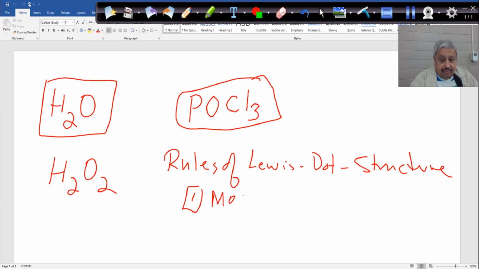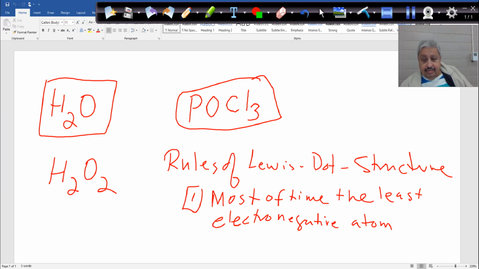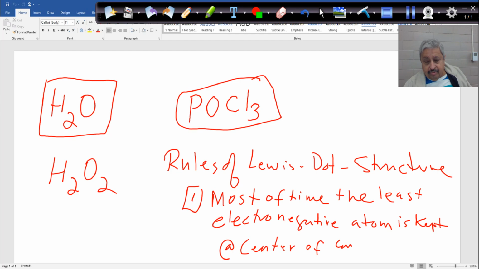Most of the time, not always, most of the time, the least electronegative atom is kept at the center of the compound or molecule.